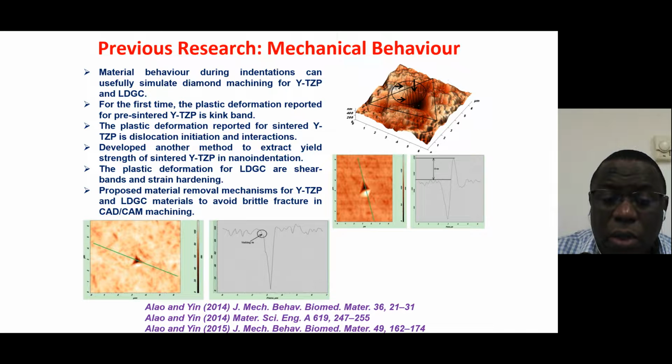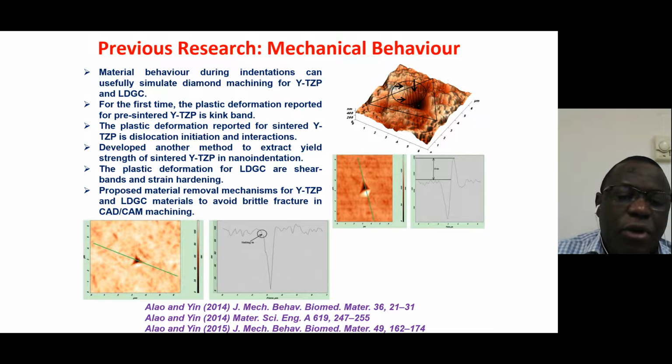So the plastic deformation of a material occurs along a suitable slip plane. For presintered zirconia, the appropriate plastic deformation is kink band, which is represented by this microstructure.